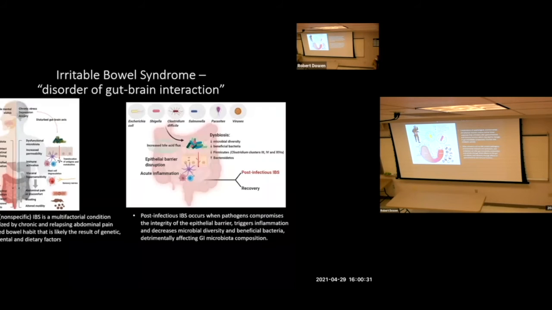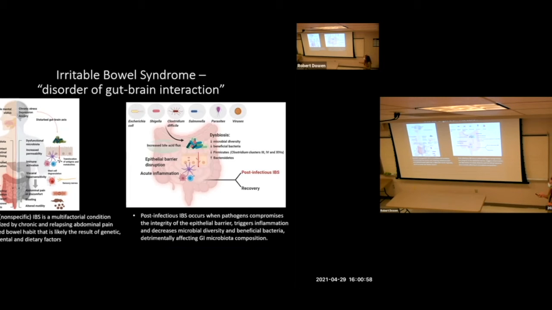One specific GI disorder is irritable bowel syndrome. And this is considered a disorder of the gut-brain interaction. And there's 2 different types of irritable bowel syndrome. One is spontaneous, and then the other one occurs after a specific pathogen compromises your immune system.